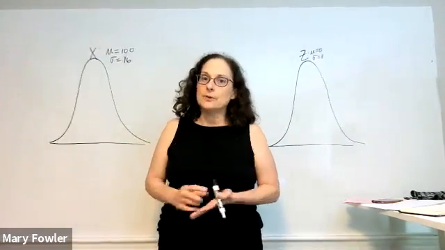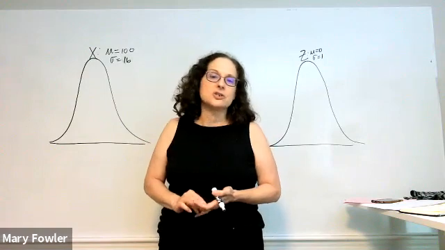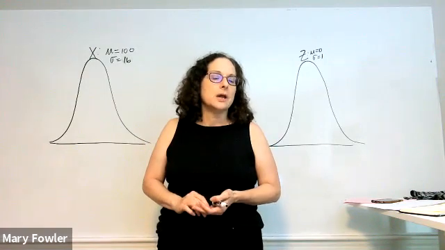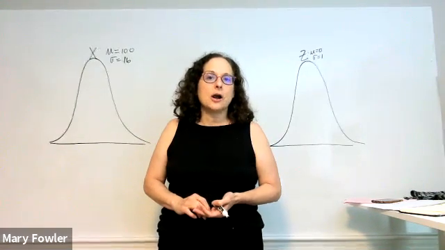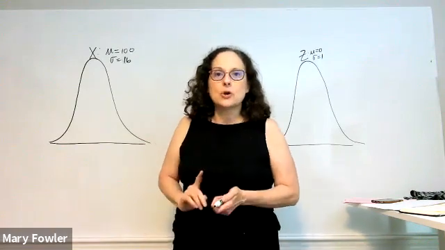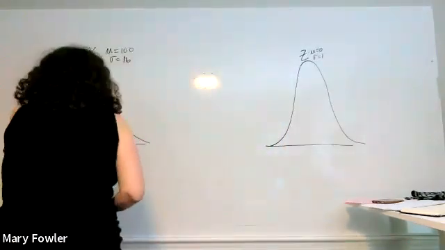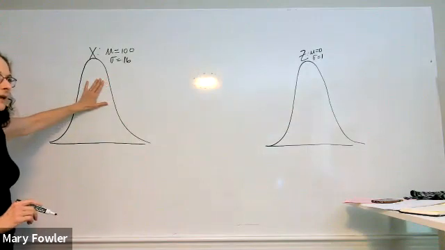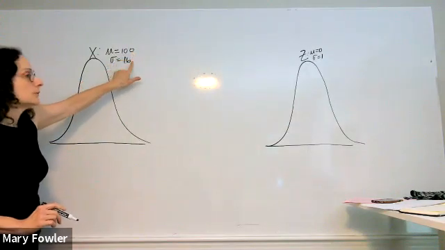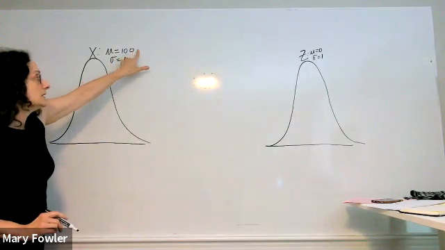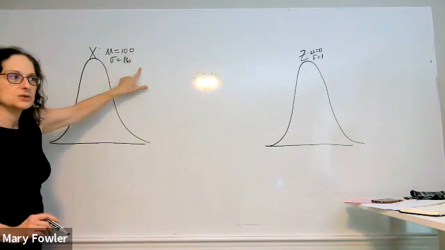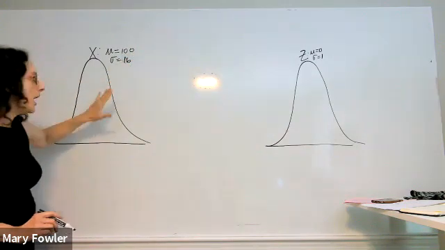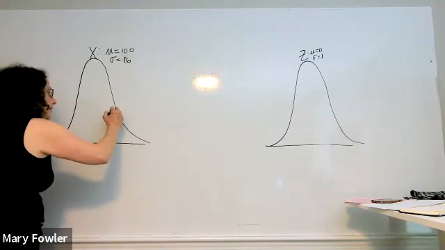Percentiles are left tails. So in particular, I'm looking for the 90th percentile of the IQ distribution with a mean of 100 and a standard deviation of 16, and I want to know the value of x.